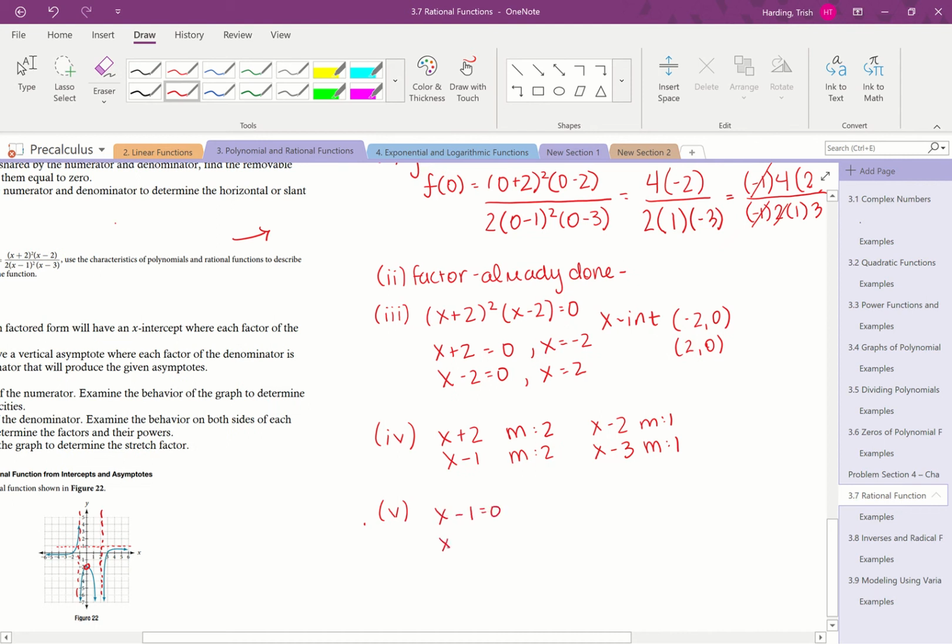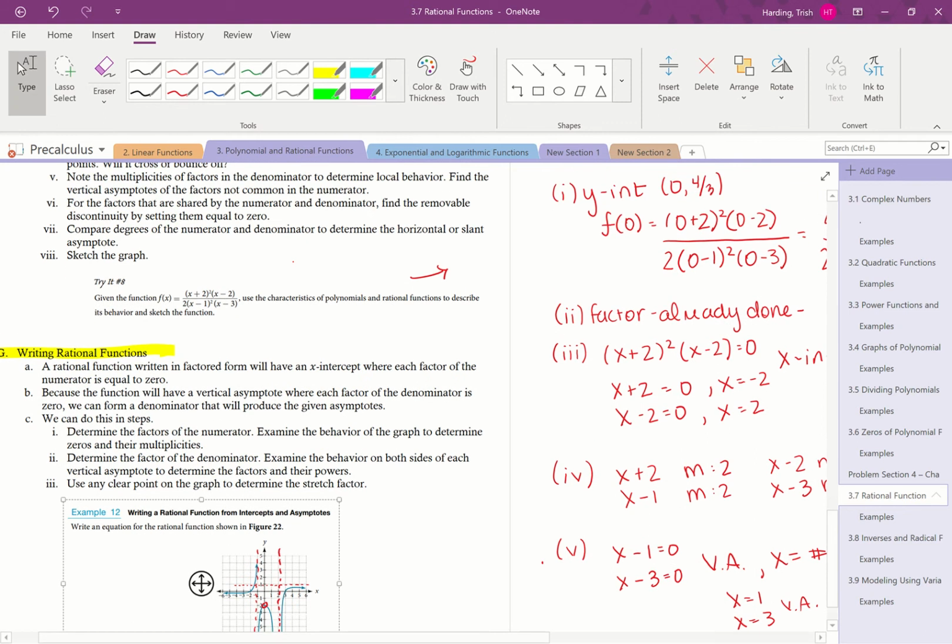We set those equal to 0 because when those are equal to 0, our function will have an asymptote because we will be dividing by 0. So these are vertical asymptotes, and they have the form of x equals some number. Here we have x equals 1 and x equals 3.